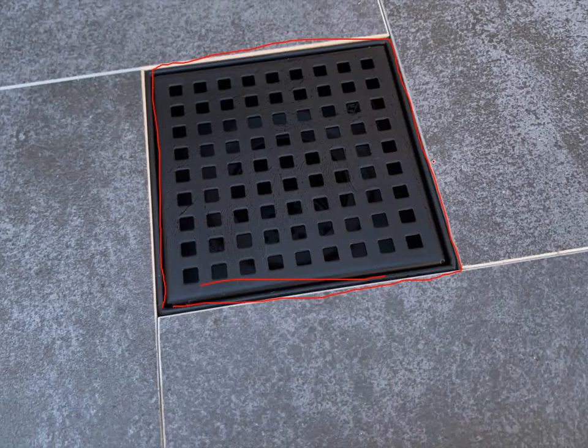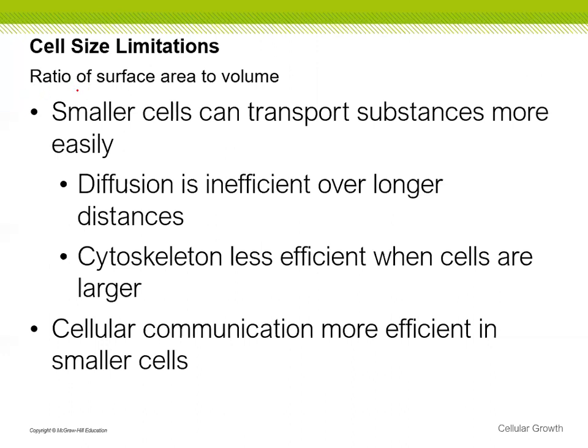So where we're going with this is, when we're looking at cells with this ratio, those smaller cells can transport substances better. They can spit out waste, and they can take in nutrients better. Diffusion is when stuff transports across that membrane, right? One of the first things we learned.